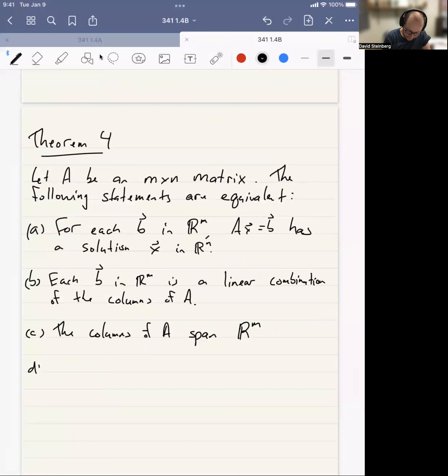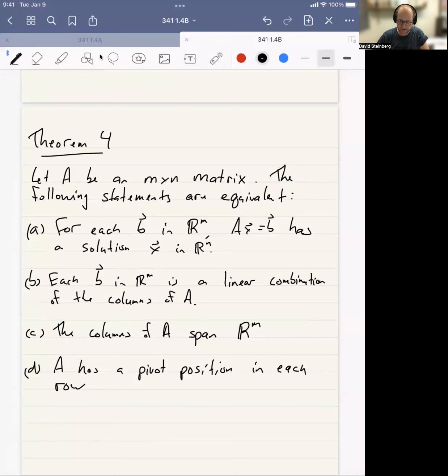And then finally, A has a pivot position in each row. Okay, so the claim is these are all equivalent statements.